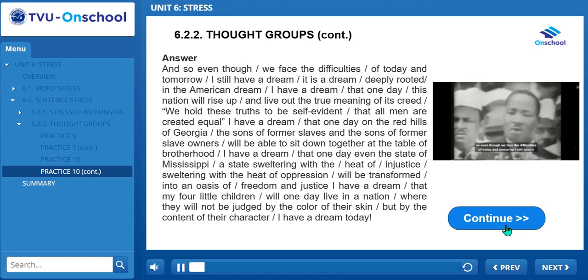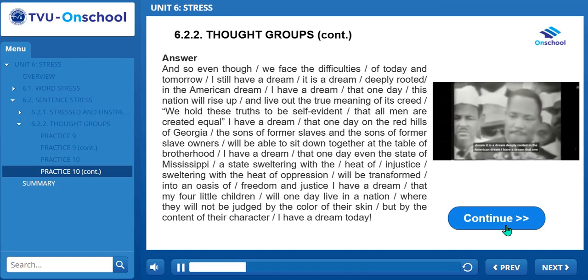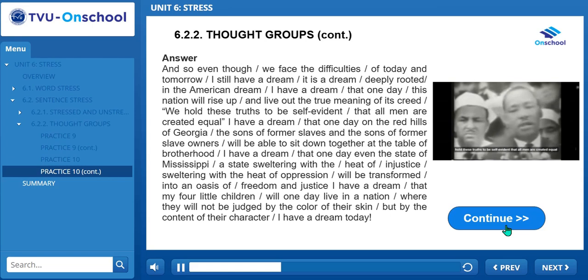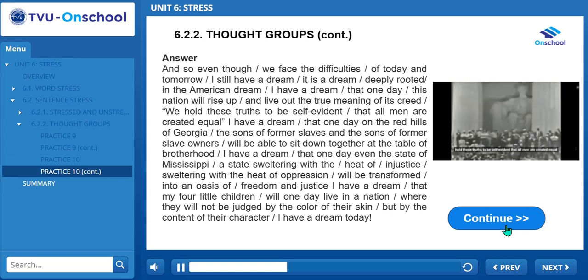So even though we face the difficulties of today and tomorrow, I still have a dream. It is a dream deeply rooted in the American dream. I have a dream that one day this nation will rise up and live out the true meaning of its creed. We hold these truths to be self-evident, that all men are created equal.